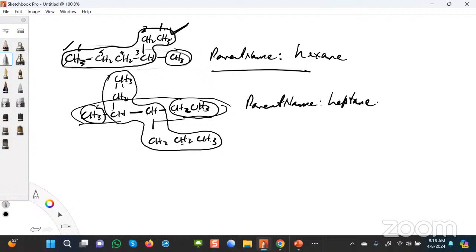This one is 1, 2, 3 carbons removed from that branch. So therefore, we start numbering here: 1, 2, 3, 4, 5, 6, 7. That's basically how we deal with the numbering system, which will become important in obtaining the final name of this compound.